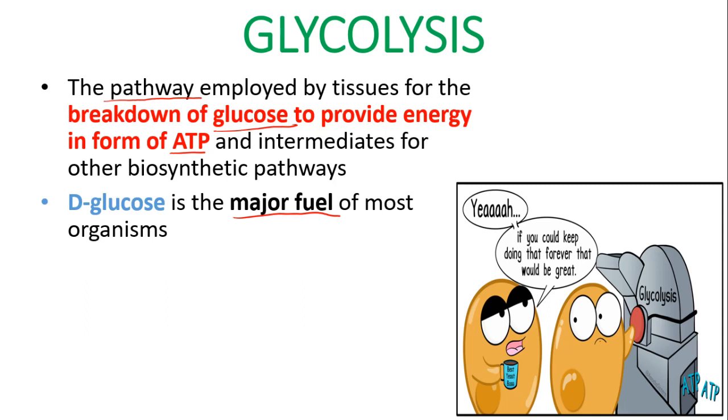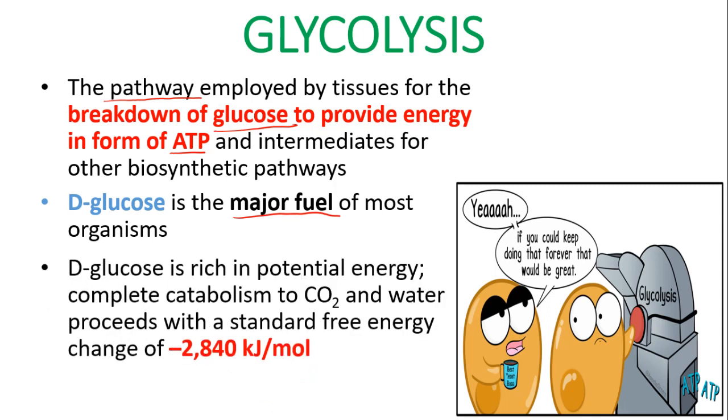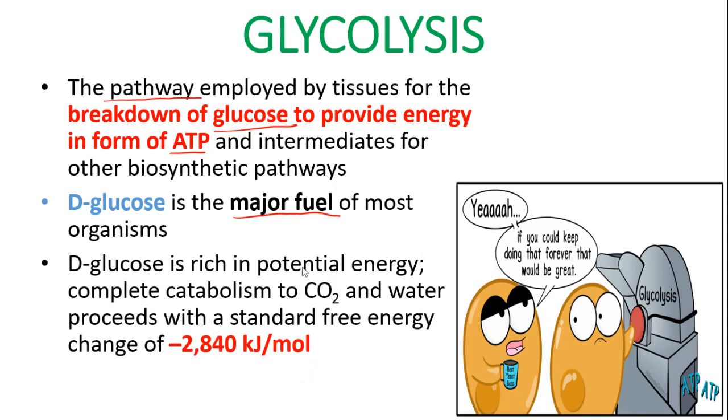But between the two, the most abundant and the most used type of glucose is D-glucose. So this D-glucose is normally broken down by the process of glycolysis to produce what we are interested in, which is energy, and this energy is normally in the form of ATP.